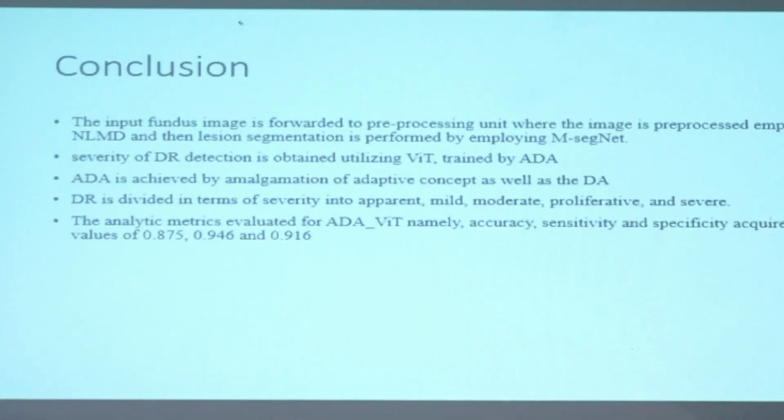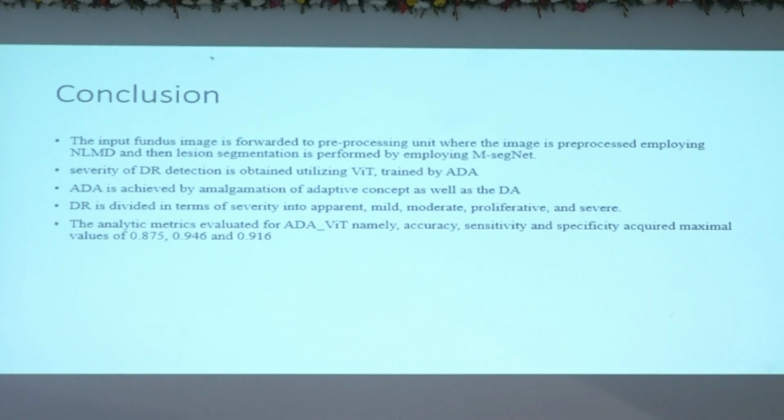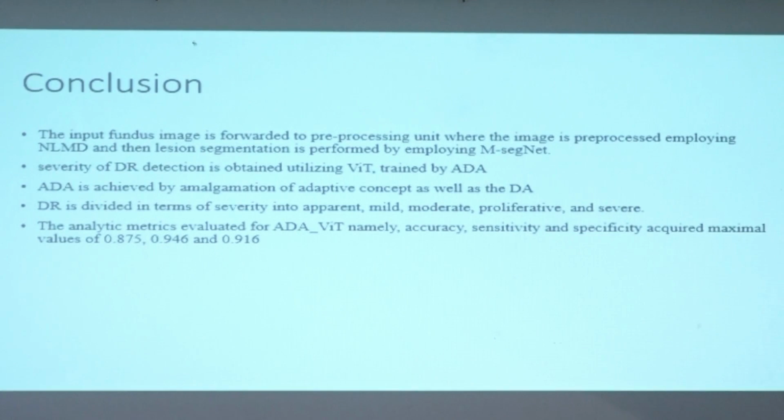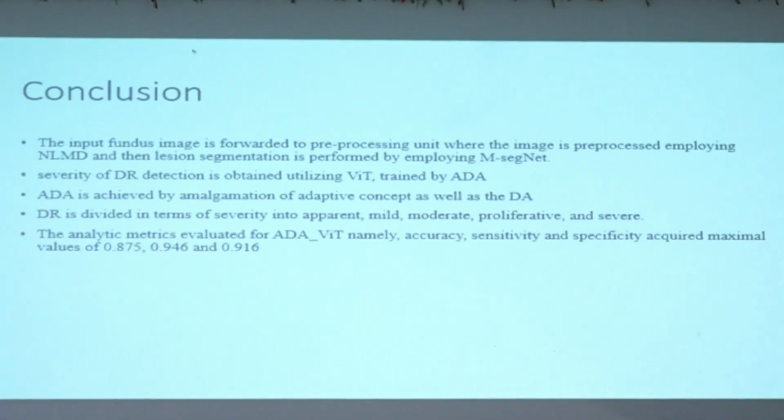So the conclusion is, I am using NLMD for denoising and MSegnet for segmentation. From that the output is given to the vision transformers, which classify whether diabetic retinopathy is mild, proliferative or severe.